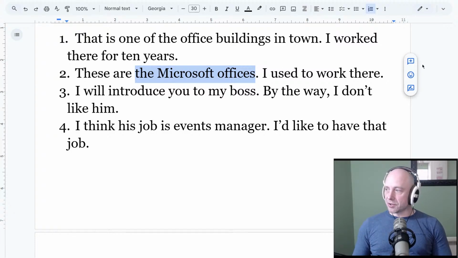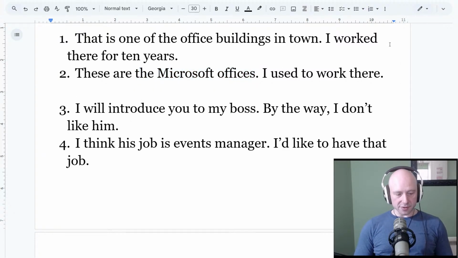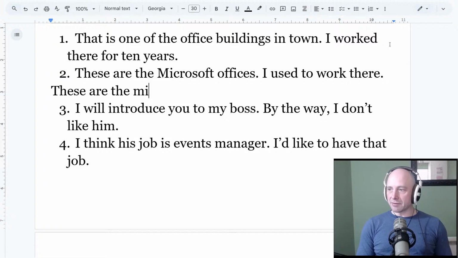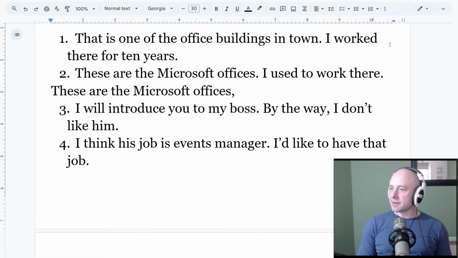So we want to use a non-defining relative clause. These are the Microsoft offices. Extra information. These are the Microsoft offices. How should we say this? Yes, we can do that.